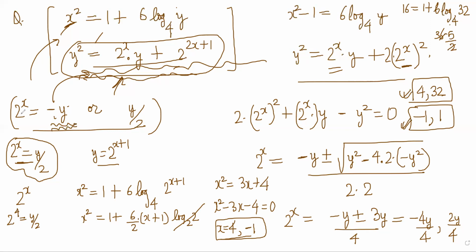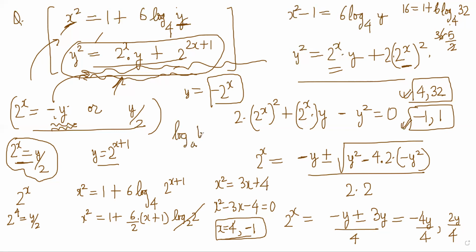That means y is equal to negative 2 power x. That is not possible because y is then a negative thing, and the negative thing you cannot put in the log, because log is not defined for negative things. It doesn't matter what the base was.